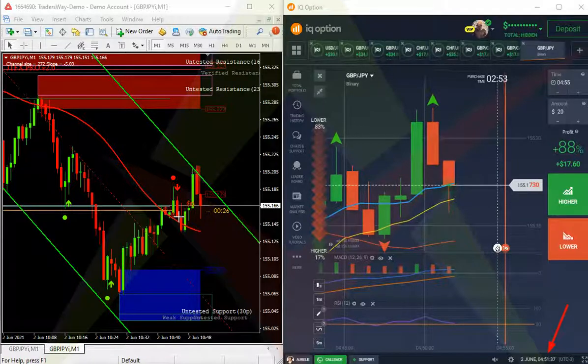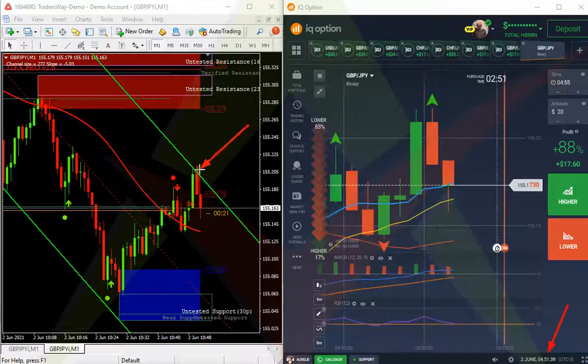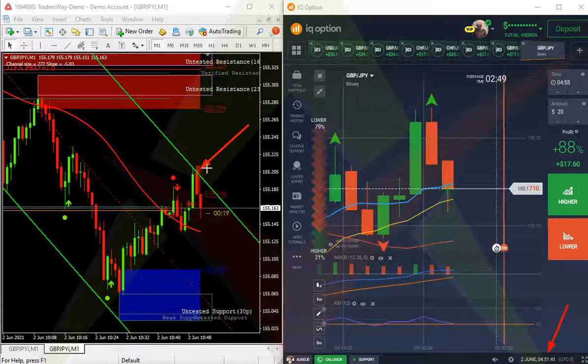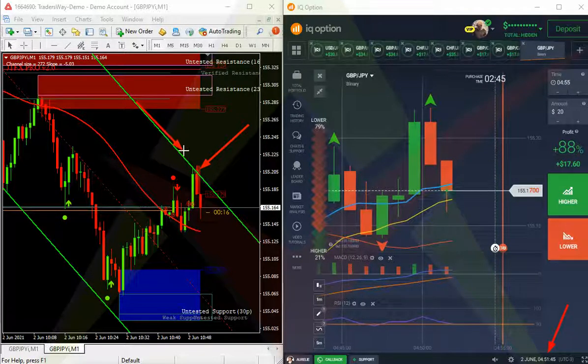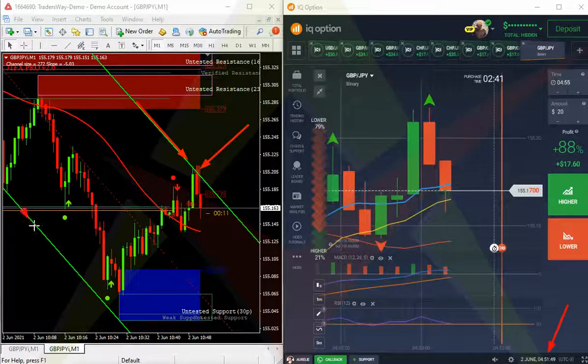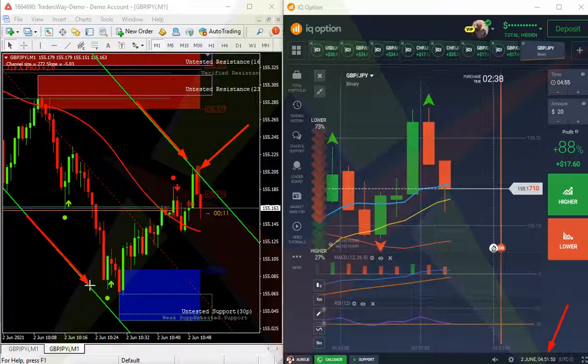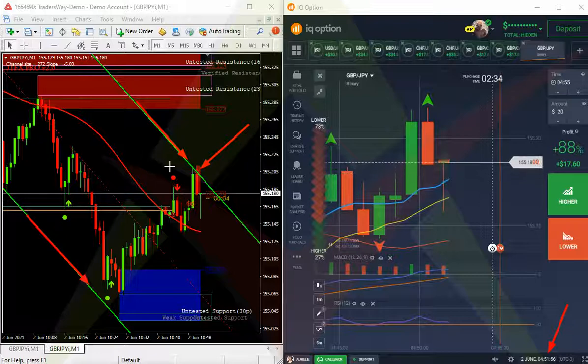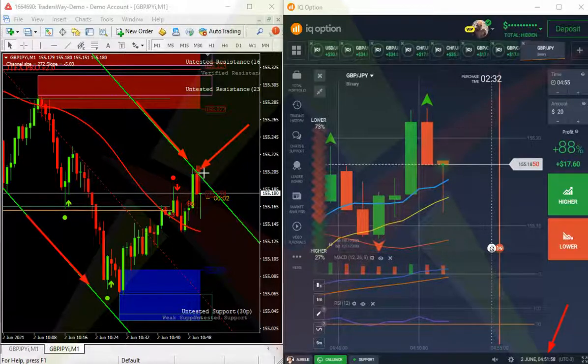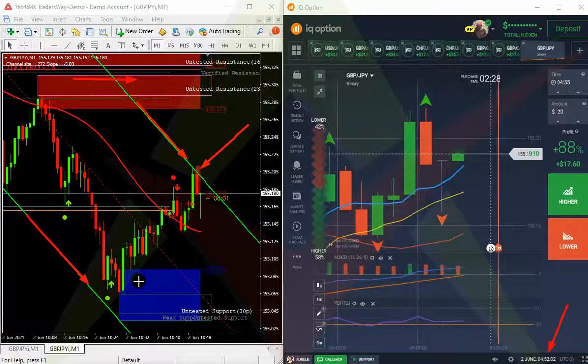So the trade started at this position, and what I really like about it is that it didn't just start at a newly formed red zone, but along this trend line. There are two trend lines, green, on each perimeter of the market, and the good thing about these trend lines is they also act as a reversal position, just like the red zone and the blue zone.